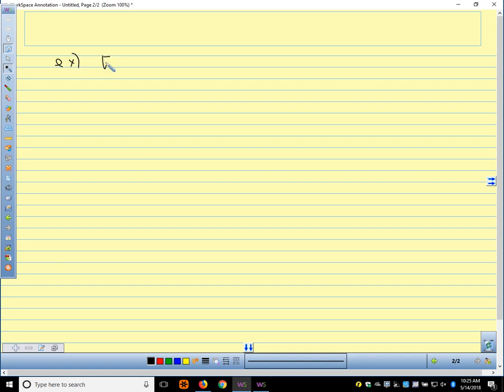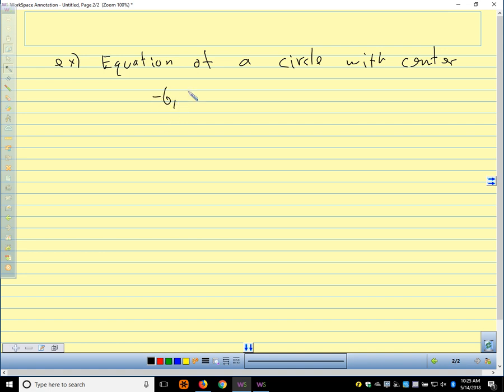So let's say we want the equation of a circle with center negative 6, 8 and radius 5. When we have a problem like this, this is h and this is k, and we just plug that into our equation of a circle.